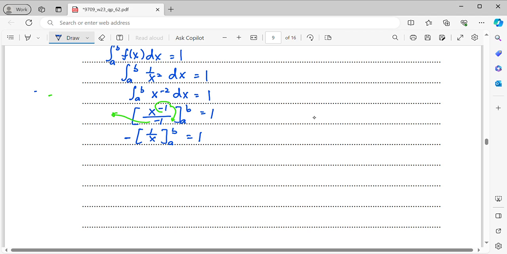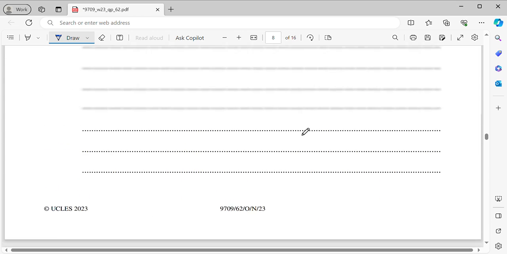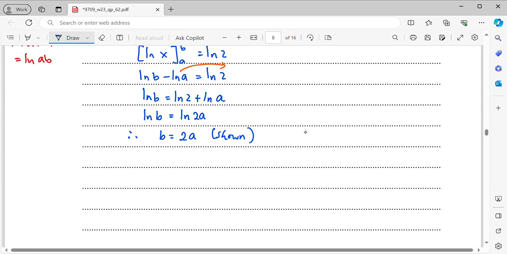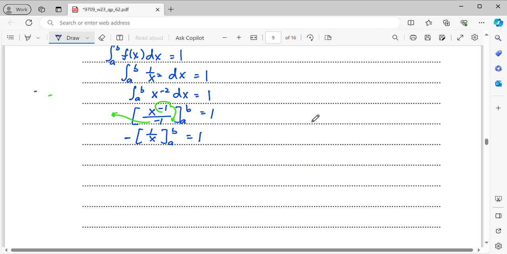And now replace the a and b. Remember, b we have found just now. b is 2a. That means now I can replace my b by 2a. Then this is going to be negative 1 over x, a to 2a equals 1. Then now replace.